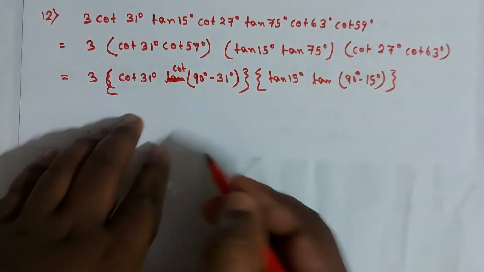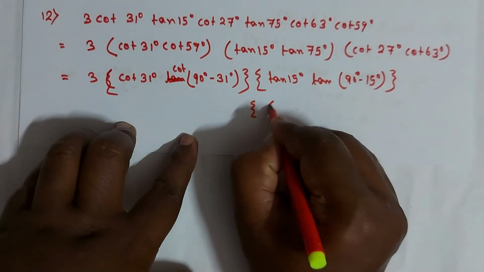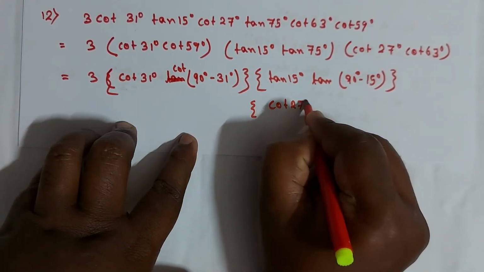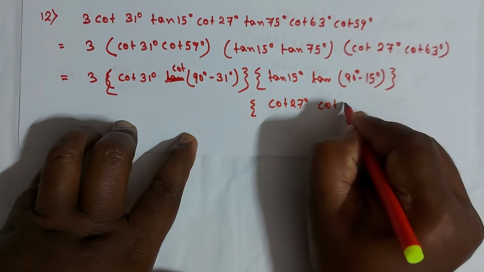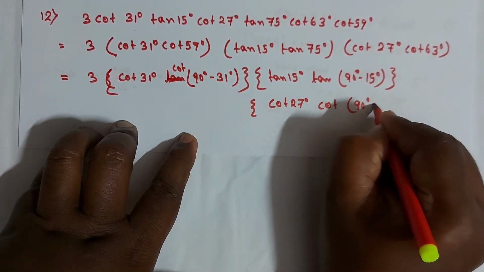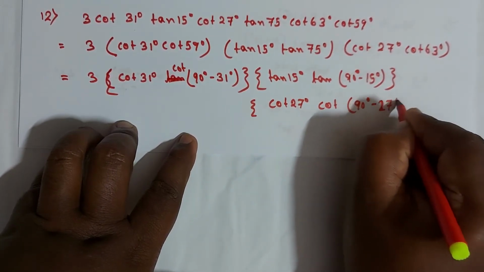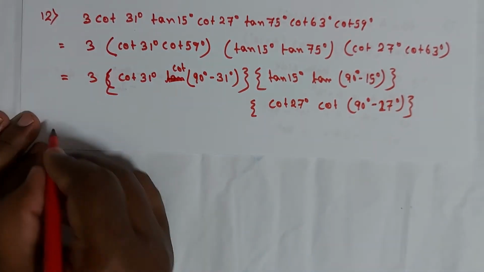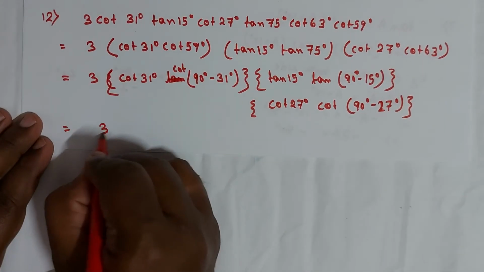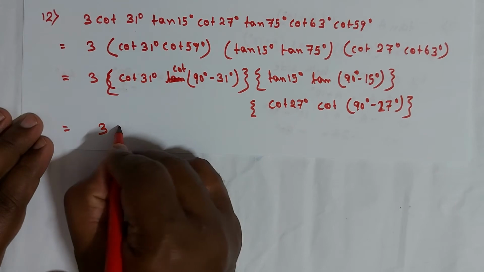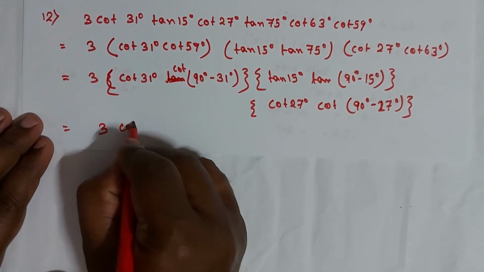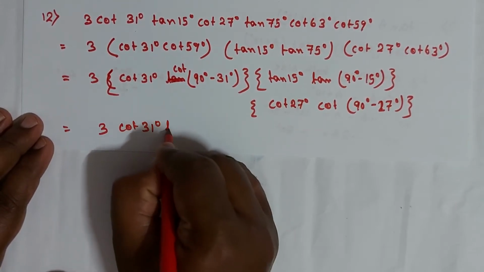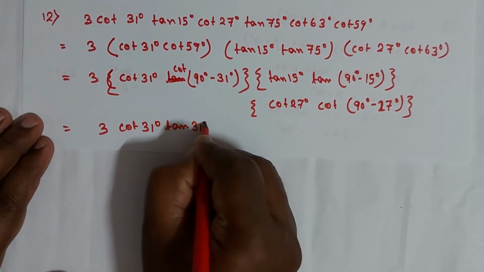Then for this we will write cot 27 degrees into cot of (90 degrees minus 27 degrees). So here it will be 3 into cot 31 degrees into tan 31 degrees.